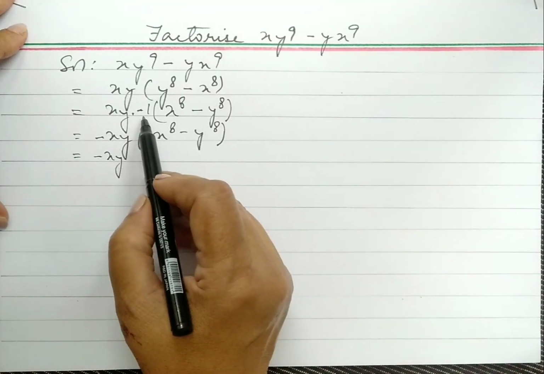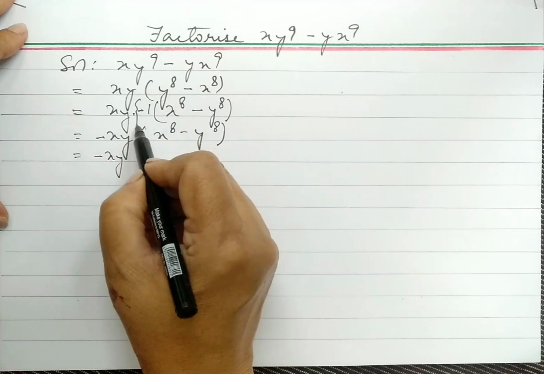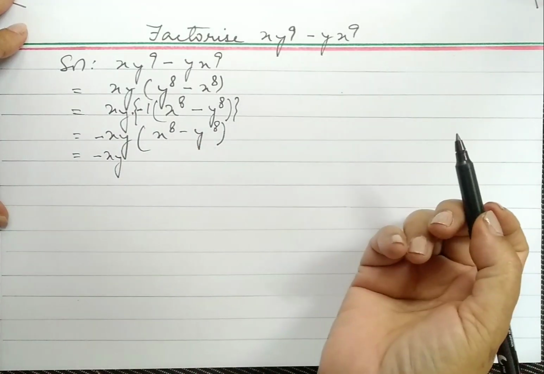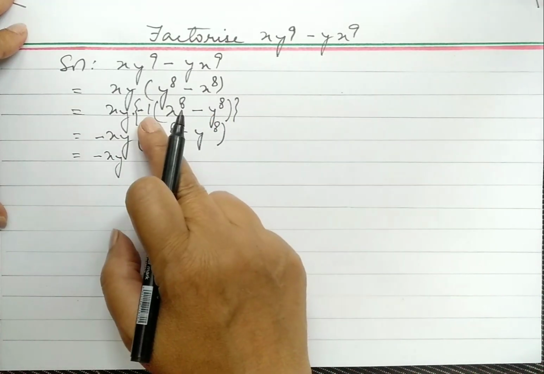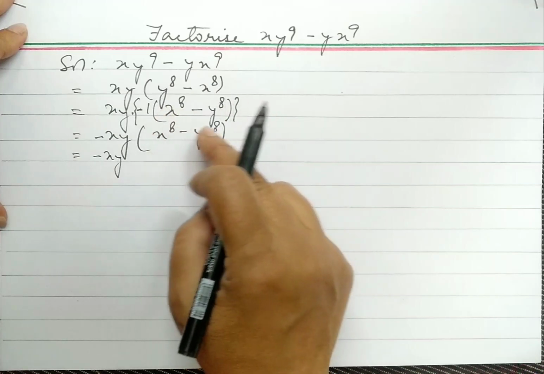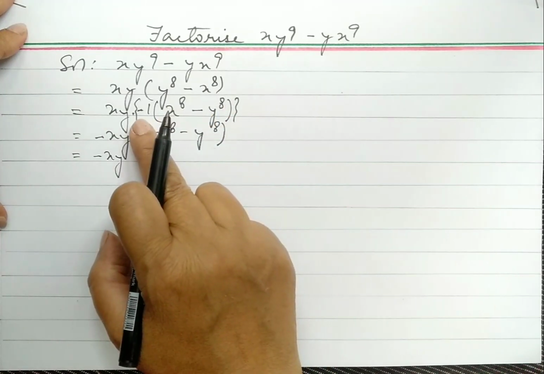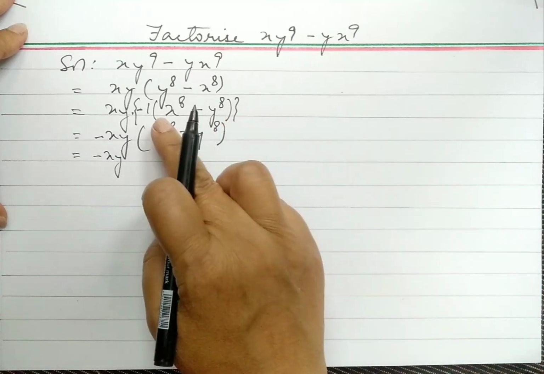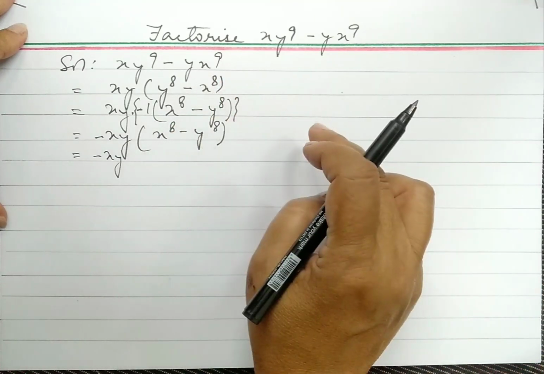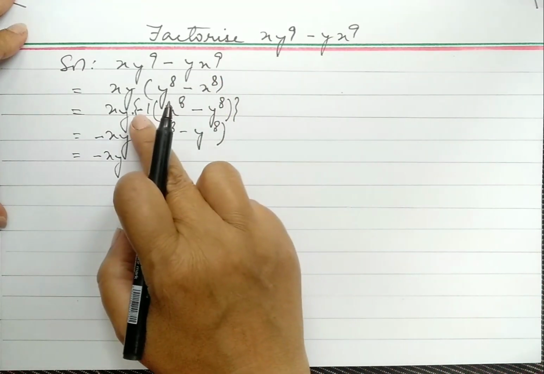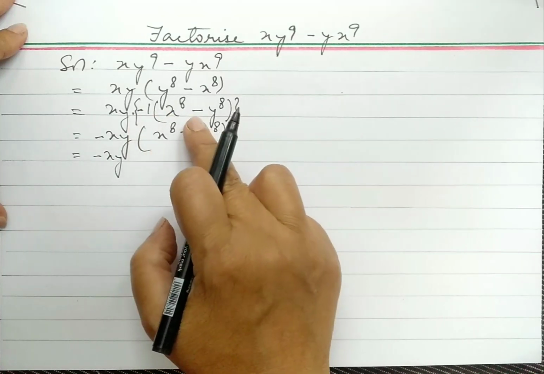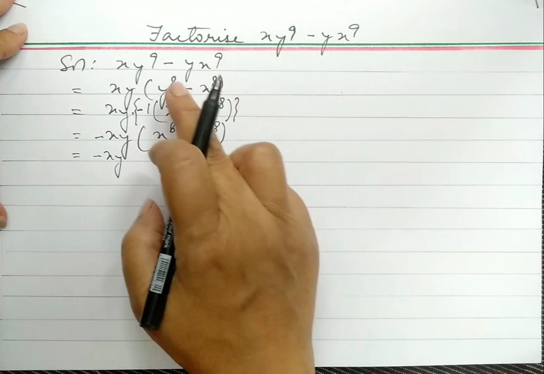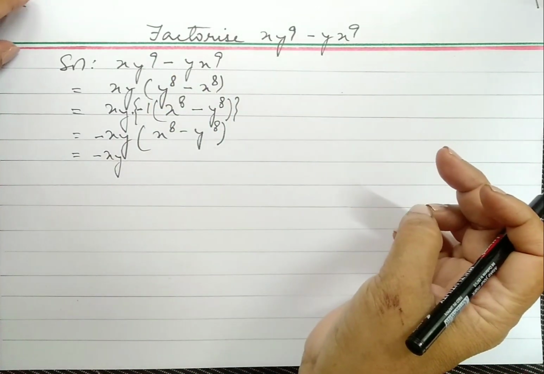I have taken this as, so let me just put this into a curly bracket. Minus 1 was taken as common. So minus 1 multiplied by plus x to the power 8 gives me minus x to the power 8. And minus 1 multiplied by minus y to the power 8 gives me a positive y to the power 8.